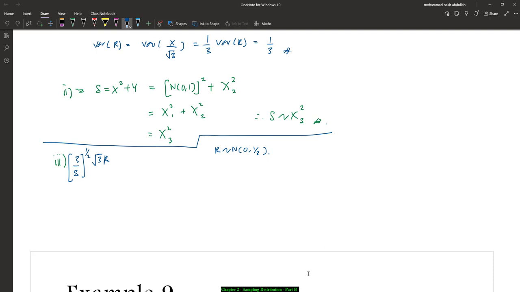And S has a chi-squared distribution with 3 degrees of freedom. Okay.